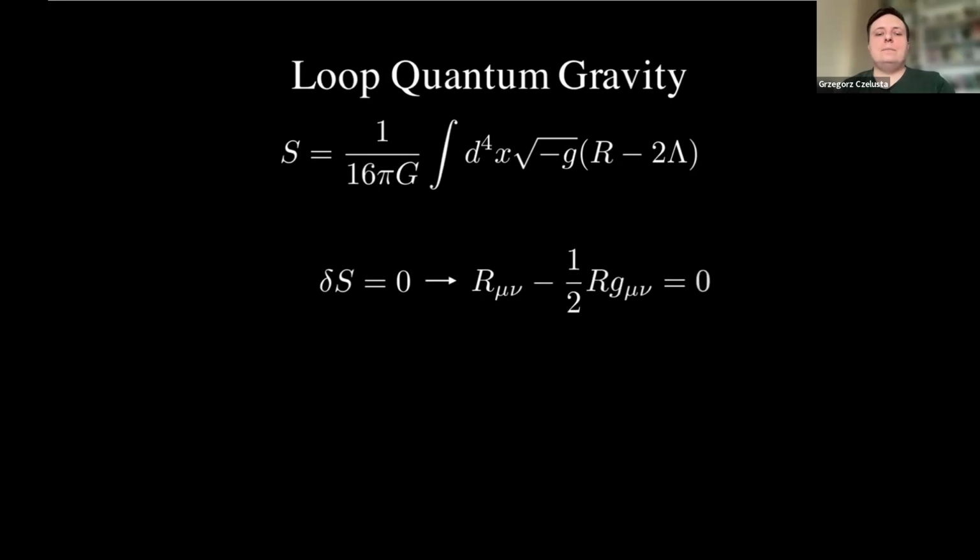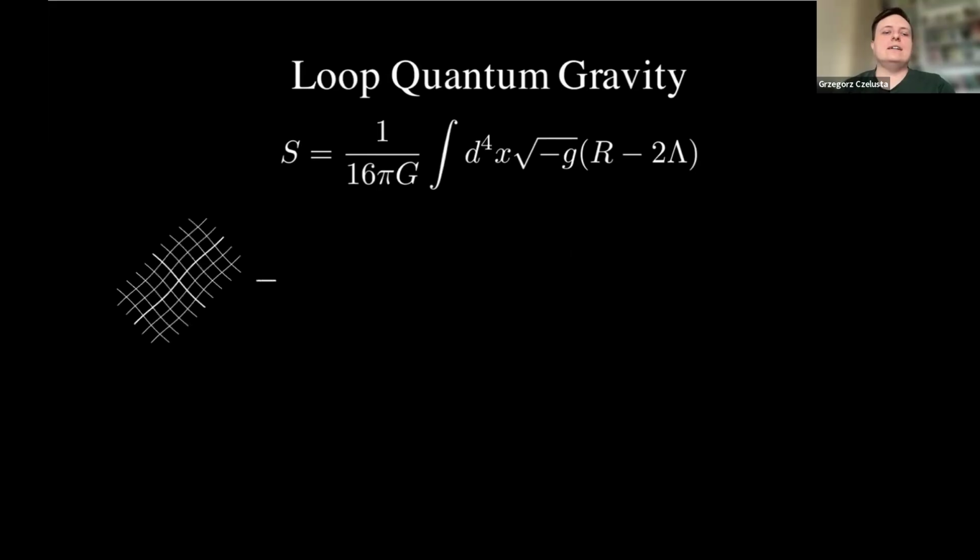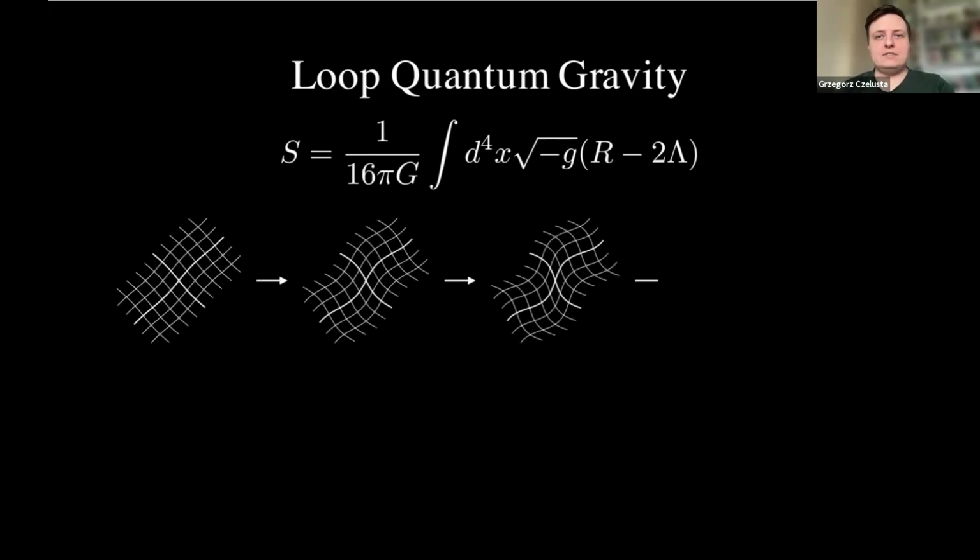So it is equivalent to the Einstein equations, which describe this connection between curvature and distribution of matter and energy. However, we can also perform a standard transition from the Lagrangian formalism to the Hamiltonian formalism. And in general relativity, this requires the so-called ADM formalism.